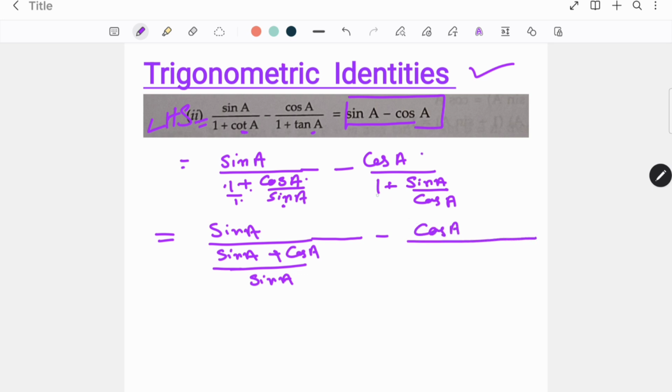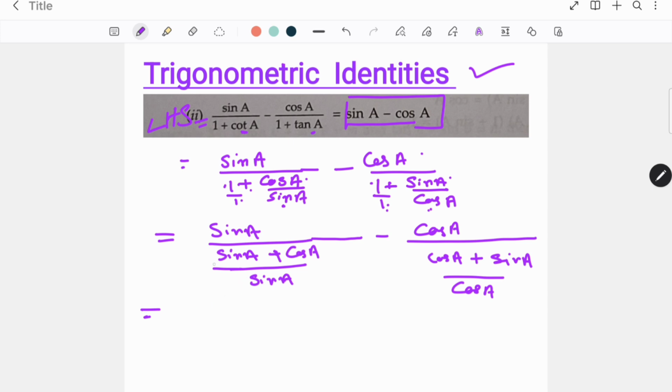In the denominator we will do the LCM, because this down 1 is there. So here 1 and cos, the LCM will be cos a. Cos into 1 is side multiplication, it will become cos a, plus this 1 and this sin a will be multiplied, it will be sin a.